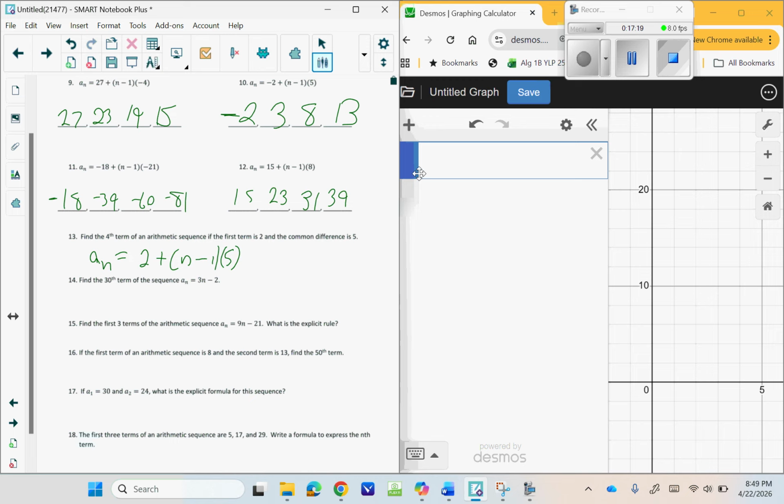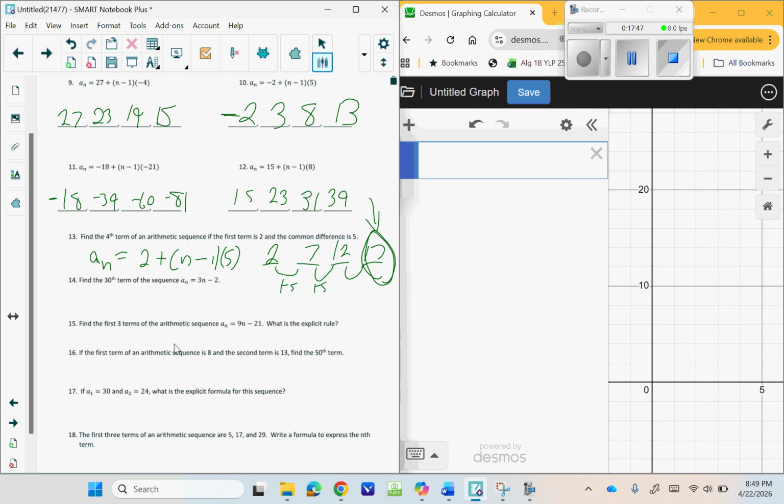We can type this in, but we also know that the first term is 2, and then I'm adding 5 every time. So 2 plus 5 is 7, plus 5 is 12, plus 5 is 17. So the 4th term is just going to be 17.